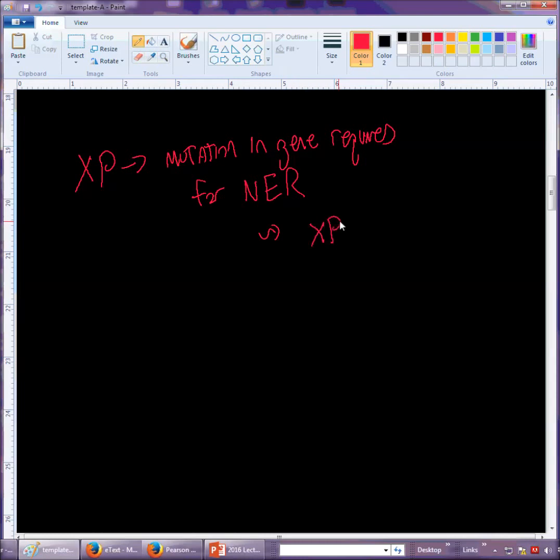Let's call one gene XP1. So you have one XP1 mutant you inherited from your mom, and you inherited one from your dad, and now you have xeroderma pigmentosum.